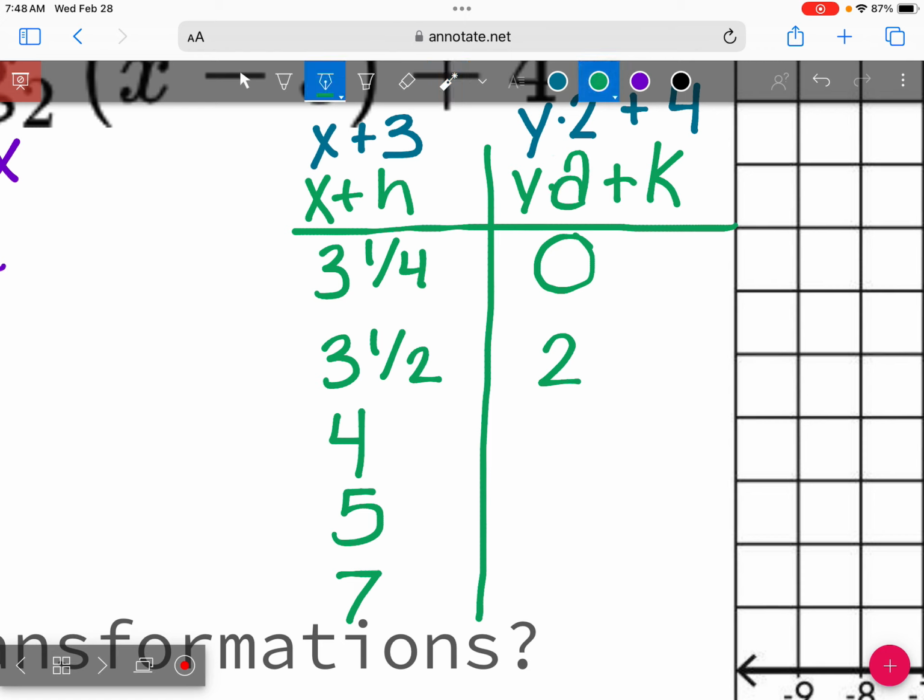Plus 4 is +4. 1 times 2 is 2. Plus 4 is 6. And 2 times 2 is 4. Plus 4 gives us 8.